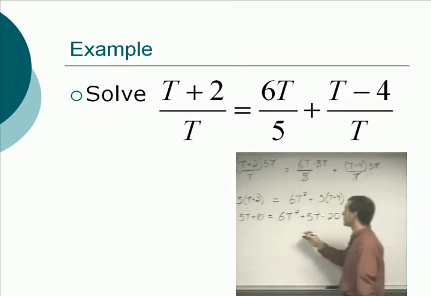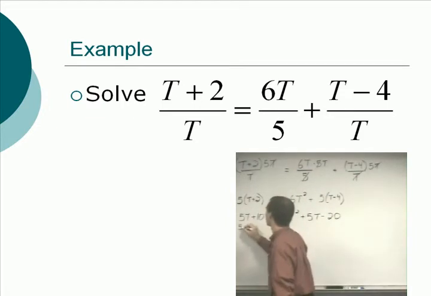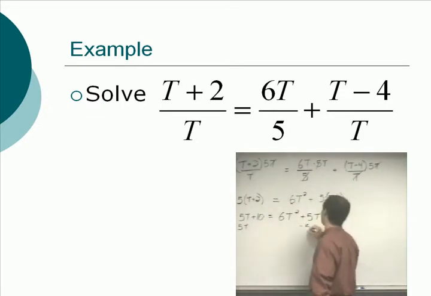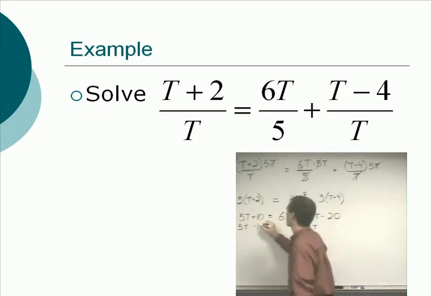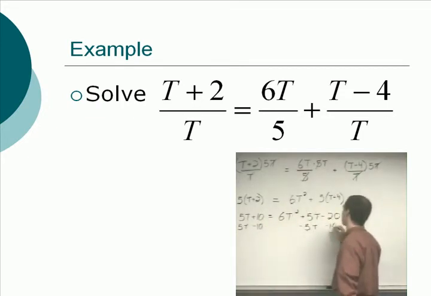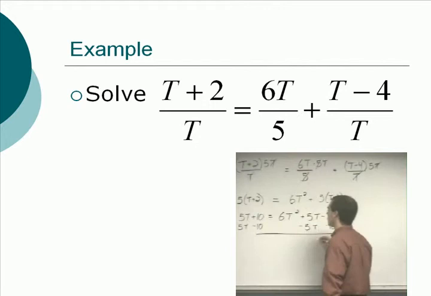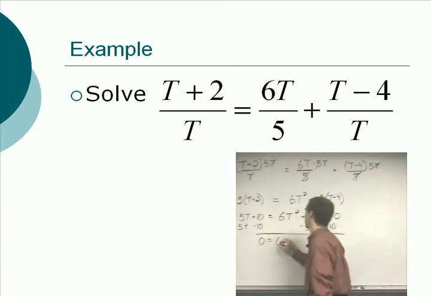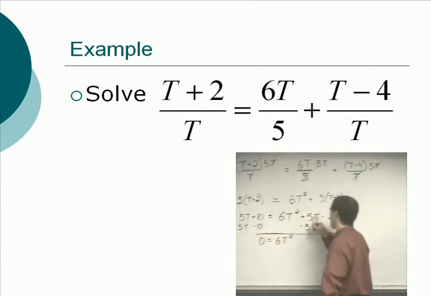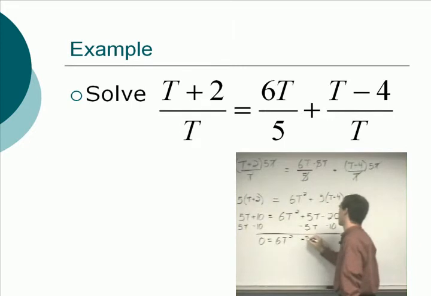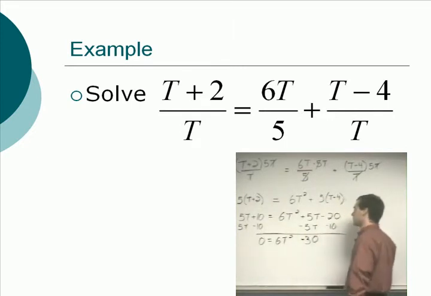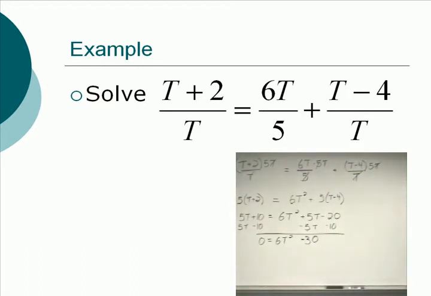Shift everything to the right. 6t squared minus 30 equals 0.